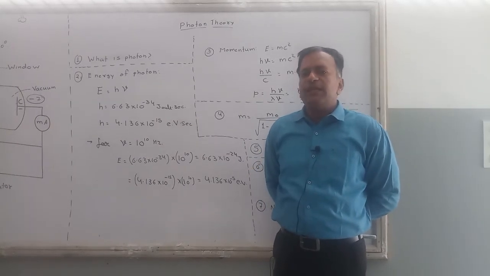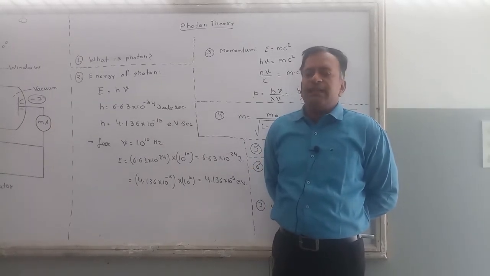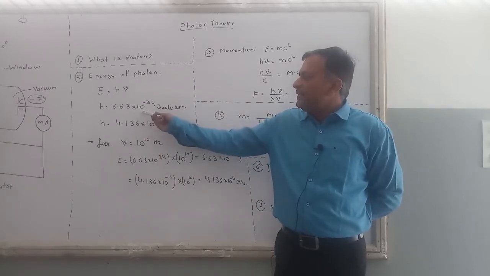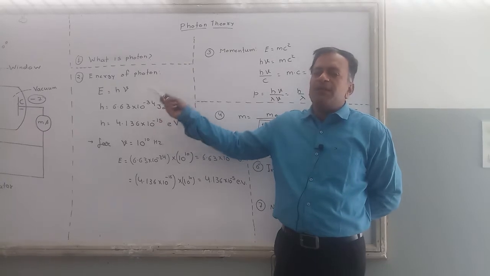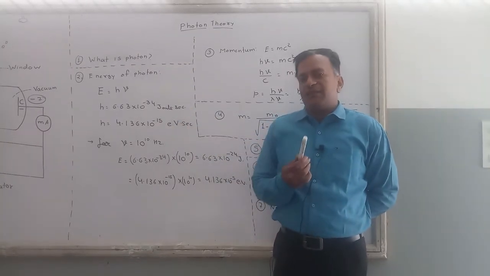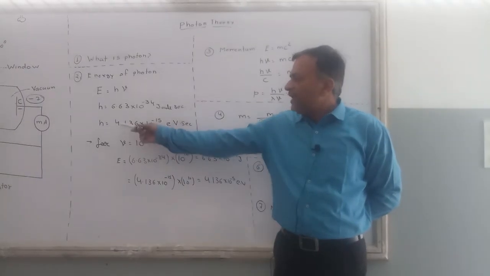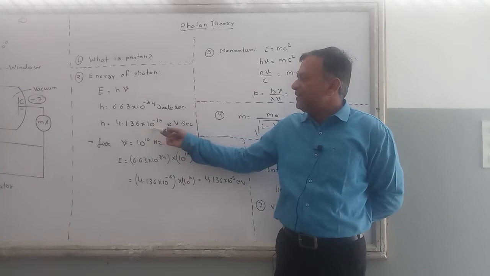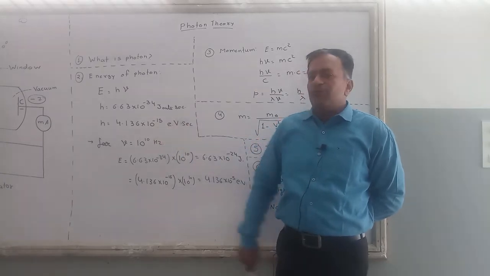Although the data given in the question paper always gives the value of Planck's constant as 6.63 into 10 to the power minus 34, sometimes when you need to calculate the energy in electron volt, I suggest that you also remember the value of Planck's constant in electron volts, 4.136 into 10 to the power minus 15 eV seconds.